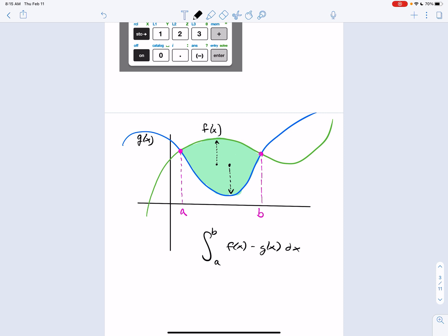It's not always going to be f and g in that direction. Here are some other scenarios. Remember that before finding the true area under the curve, we had to approximate.